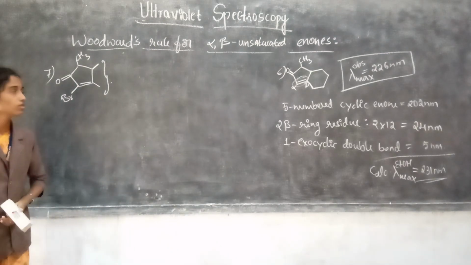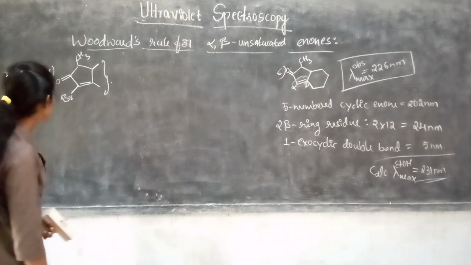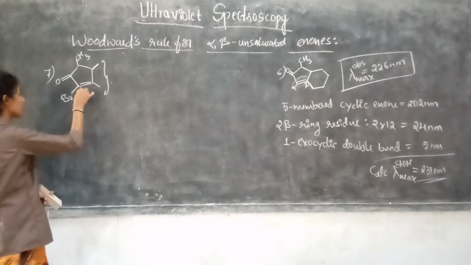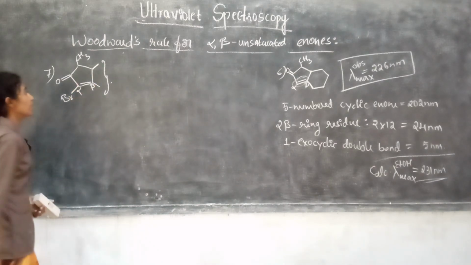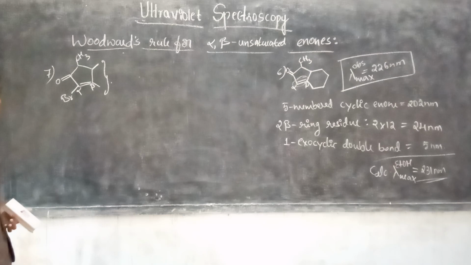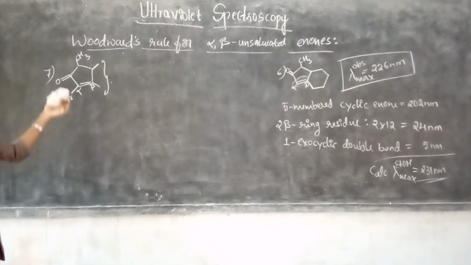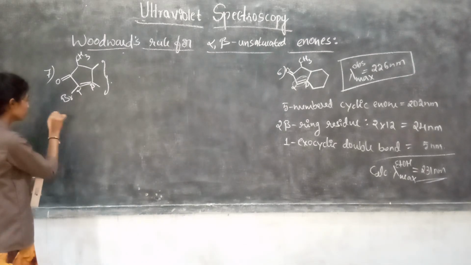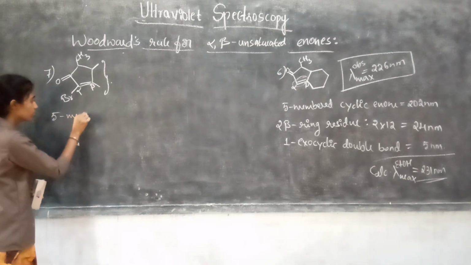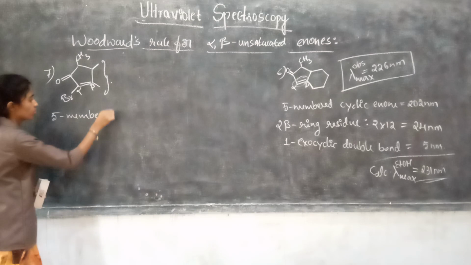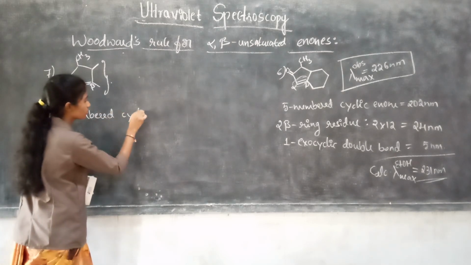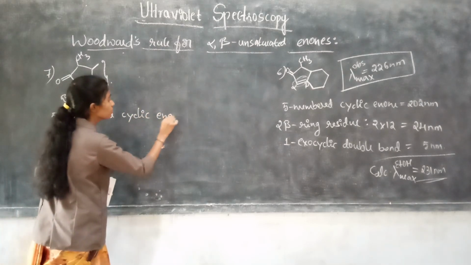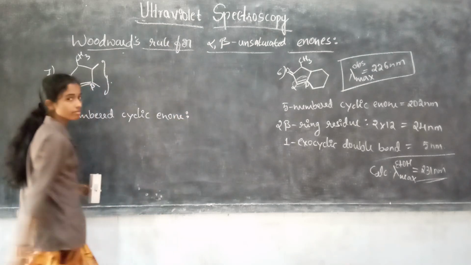This is another example. Here at alpha position we have a bromine substitution, and at beta position one alkyl substitution is present. It is a 5-membered cyclic enone system having 202 as the base value.